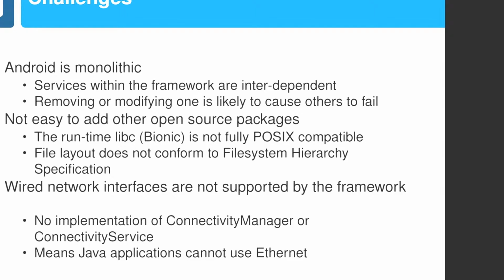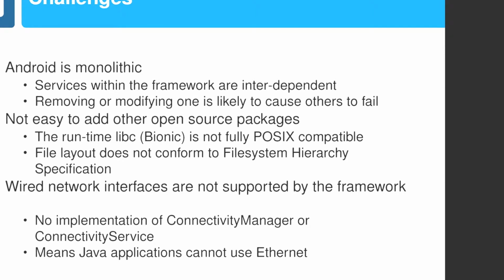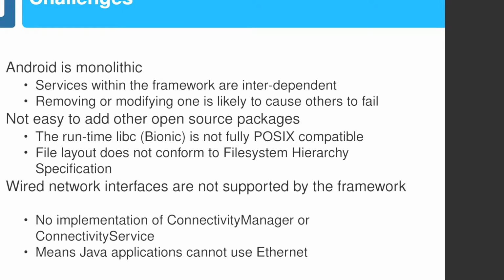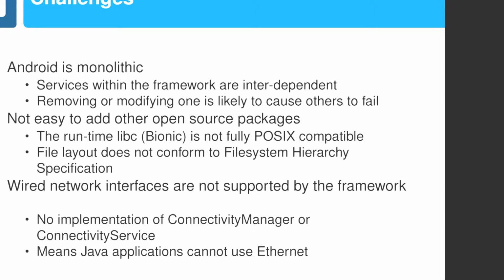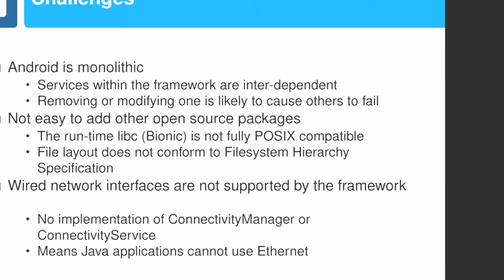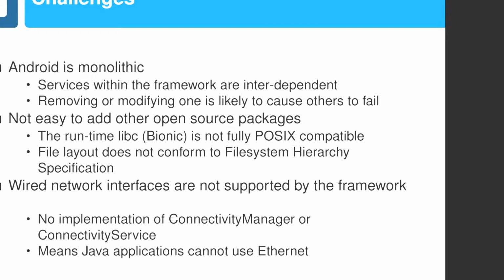Also, the file system layout they're using is not fully FHS, file system hierarchy specification, compliant. And again, that makes it difficult to integrate code. And then there are some other nitty-gritty issues, like it doesn't handle Ethernet particularly well, and the networking layer is its own particular thing. We're not going to go into that, but just be aware of that stuff.